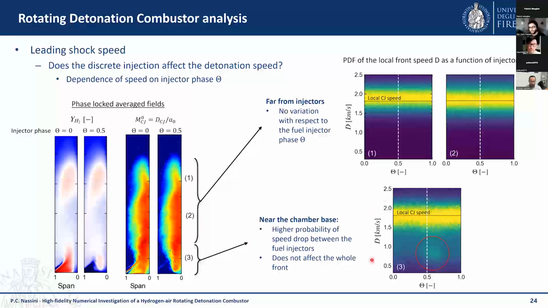However, again, this is a local behavior which is not affecting the other parts of the domain. So we can say that these fluctuations are only limited to the bottom of the combustion chamber.